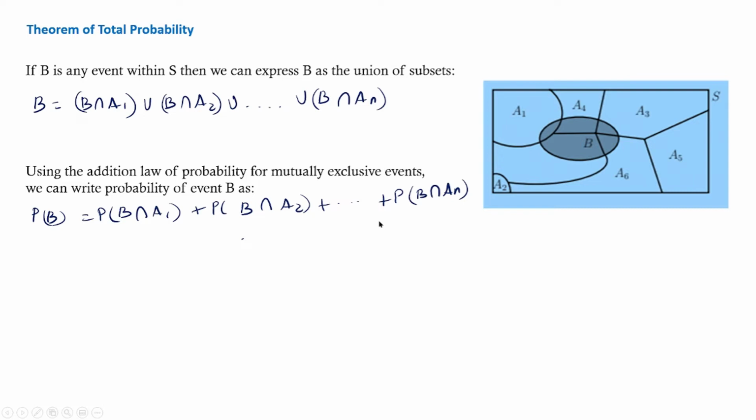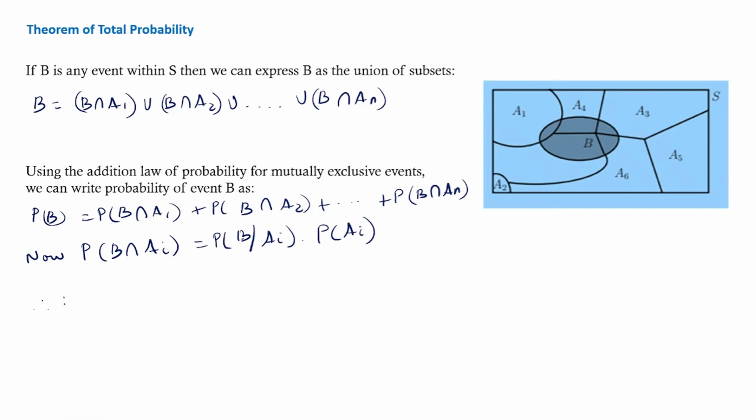And now using conditional probability, we have probability of B intersection any event Ai equal to probability of B given Ai into probability of Ai. This is using the definition of conditional probability.